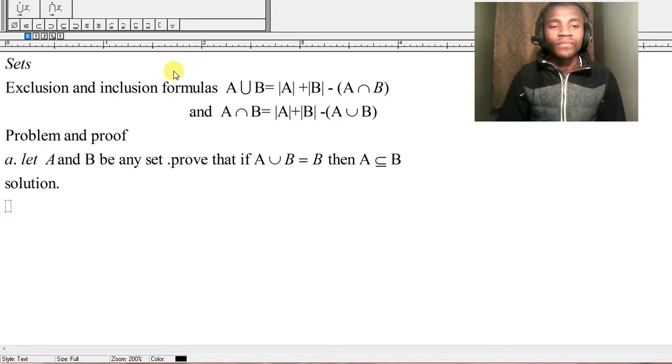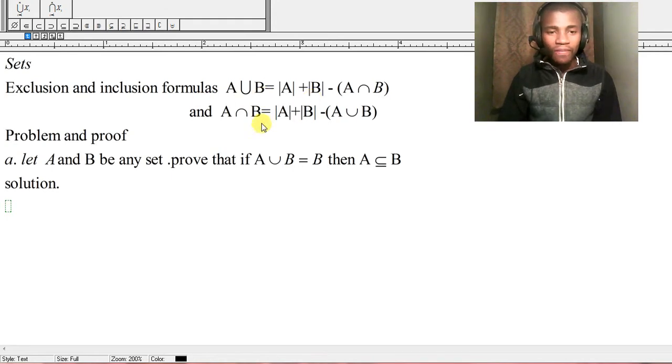First of all, before we do anything, I just want us to look at some of the formulas. I call them the exclusion and inclusion formulas. They are very important when you are dealing with sets. Of course, there are a lot of other formulas that you should know in order to solve set problems.